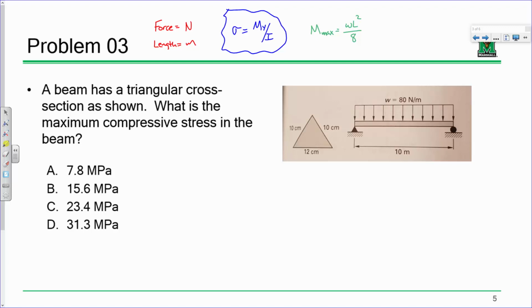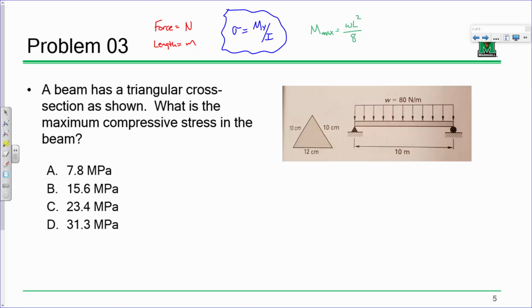The top, right? So that y distance should be the distance from the centroid to the extreme compression fiber. So if this is H, what's y? 2/3 H. It's not 1/3 H, it's 2/3 H.